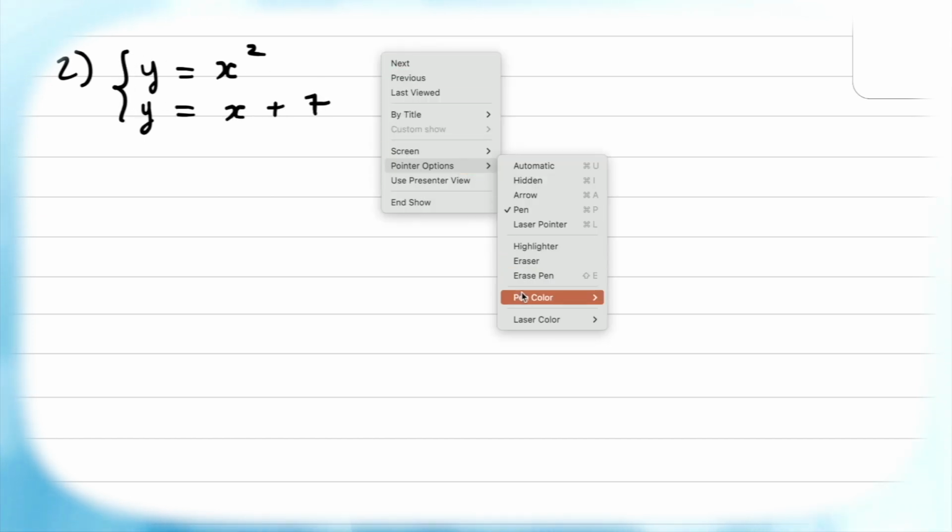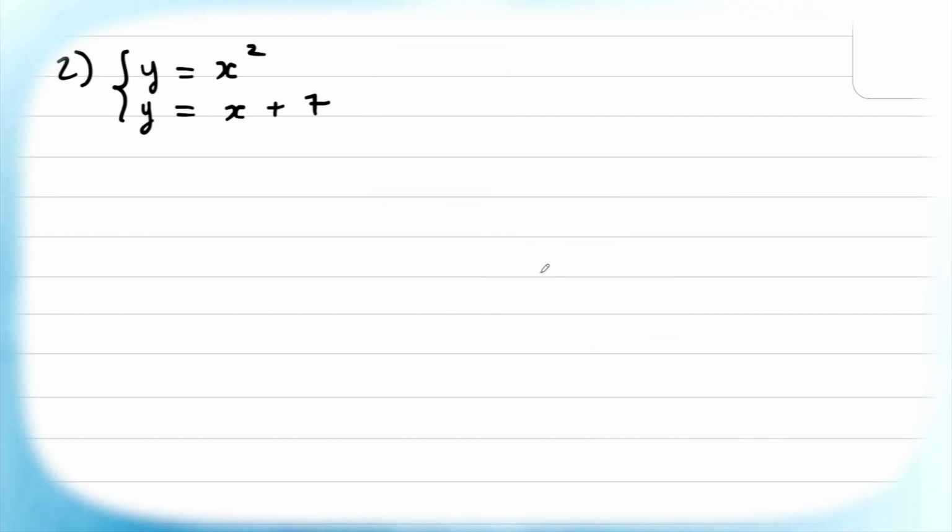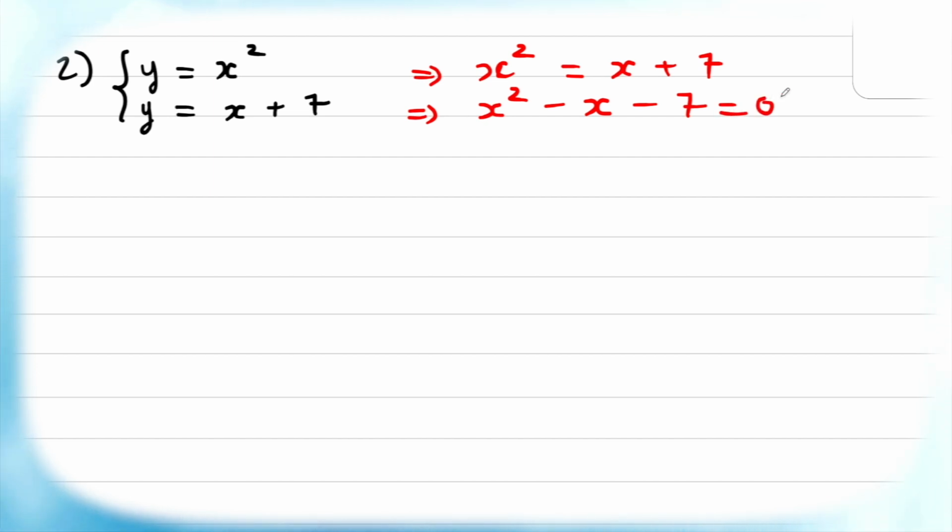The second example we have here is y equal to x squared and y equal to x plus 7. From here, since all the right hand sides equal y on the left hand side, we get x squared equal to x plus 7. Now you get x squared minus x minus 7 equal to 0. But here we have a little problem because we cannot use the factorizing method to solve this quadratic.